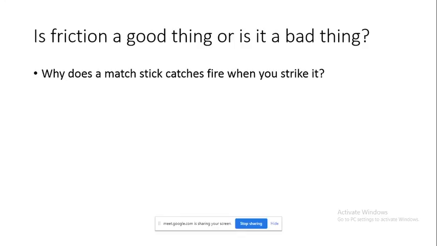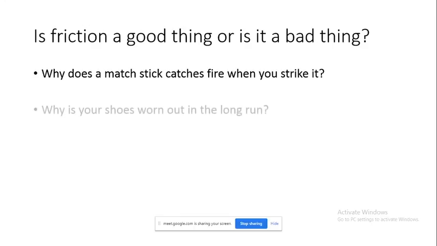You are agreeing with whom, Mokshita? With Pranati or Varun? Sirishma, yes, ma'am, both friction and force. Okay. So let's see. Today we will see why a matchstick catches fire. We will check whether Pranati's answer is correct.